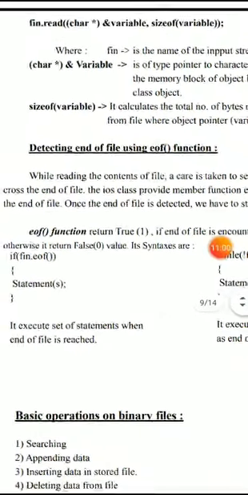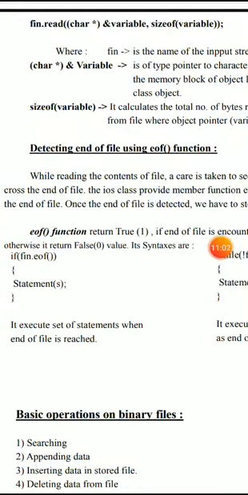Usually during reading and writing operations, particularly during reading, we have to read the contents of a file from the first character till the last character of the file is reached, or till the end of file, that is the EOL character, is detected. All files are terminated by EOL characters.